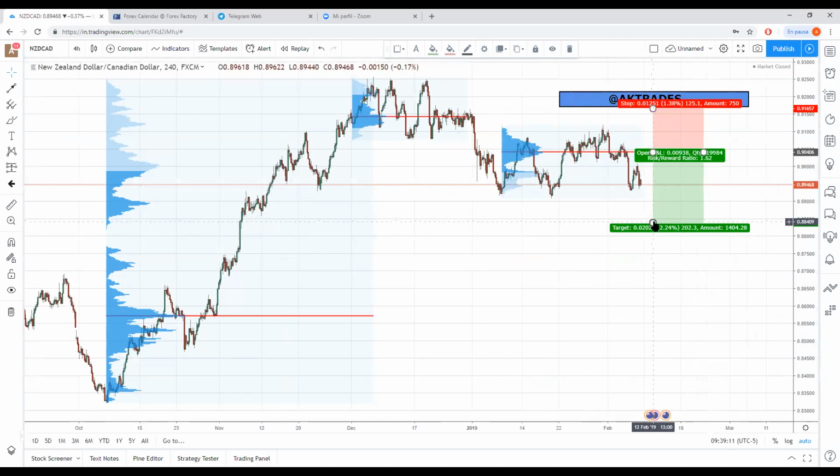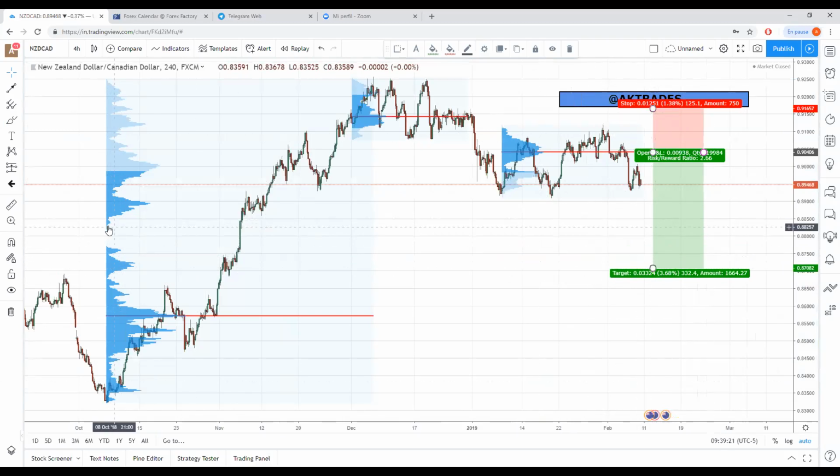My second point of profit would be around this area here, 87, because if buyers are not able to defend this level, prices, in my opinion, are going to drop rapidly because there's no interest in this area. They're going to drop rapidly to this volume node.